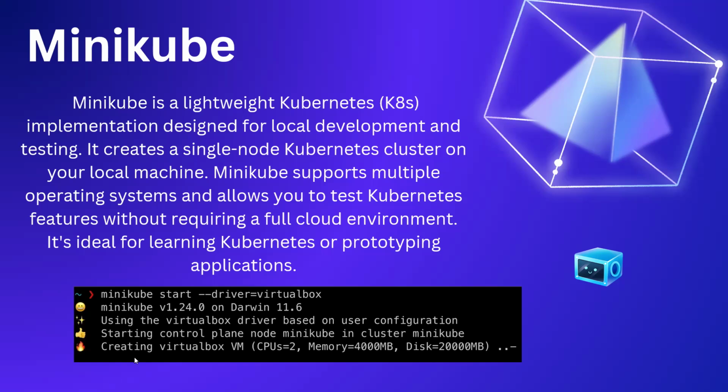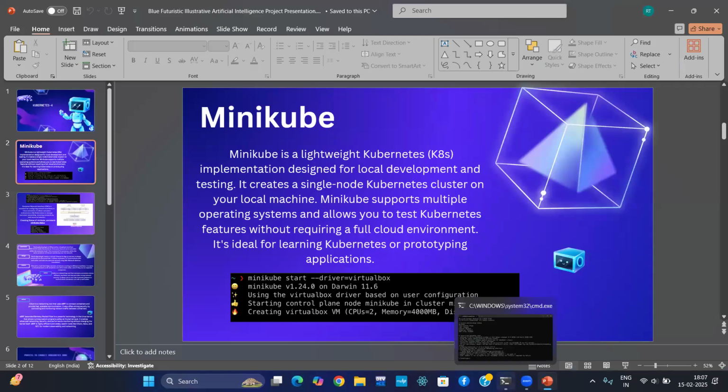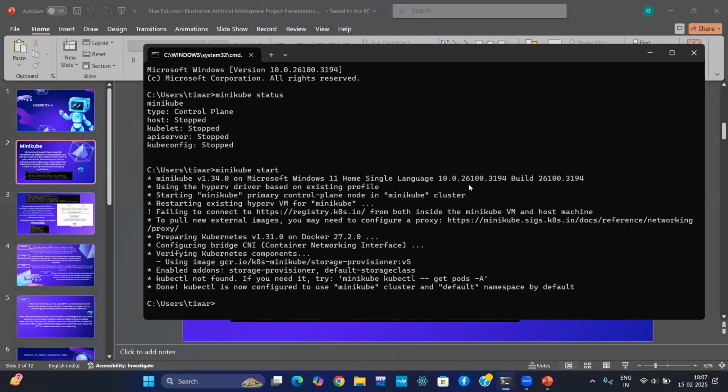So here you can clearly see minikube start with the driver VirtualBox. Actually, in my case, if you see the command line, it is mentioned that I am using a Hyper-V virtual machine for running Minikube. So here you can see failing to connect, this is from both inside the Minikube virtual machine and the host machine, to pull external images, preparing.